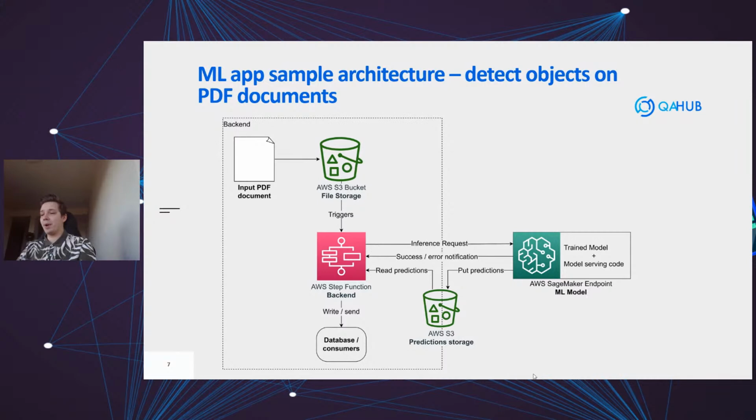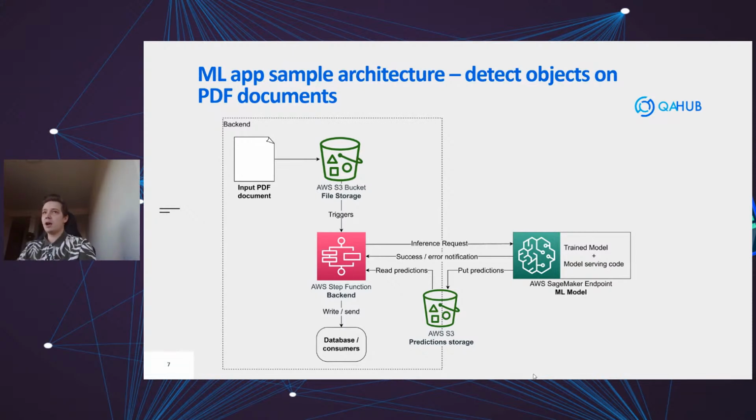Here we have our main backend on the left side and the model serving code with the model itself deployed on a separate endpoint on the right side. So we have a file storage, and when a PDF document or scanned book is put in it, our backend is triggered. It processes this document and performs some pre-processing steps to prepare this data for the ML model.